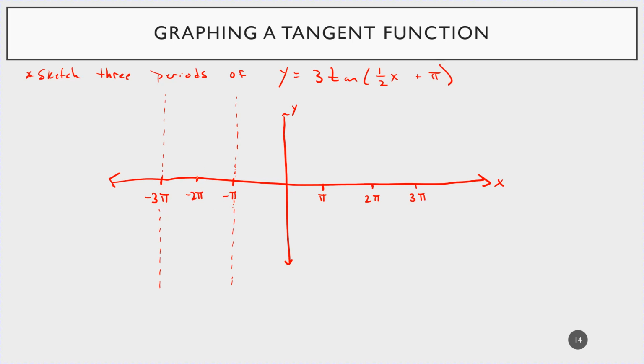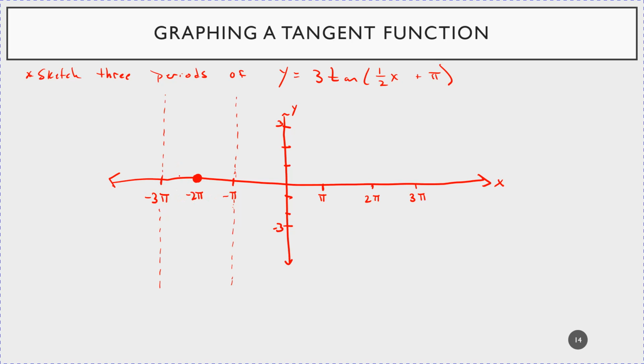What falls in the middle here? Boom, negative 2 pi. So that's going to be 0. My a is 3, so I'm going to have to go all the way up to 3 when I find these points here, and all the way down to negative 3. All right, so what falls between negative 3 pi and negative 2 pi?